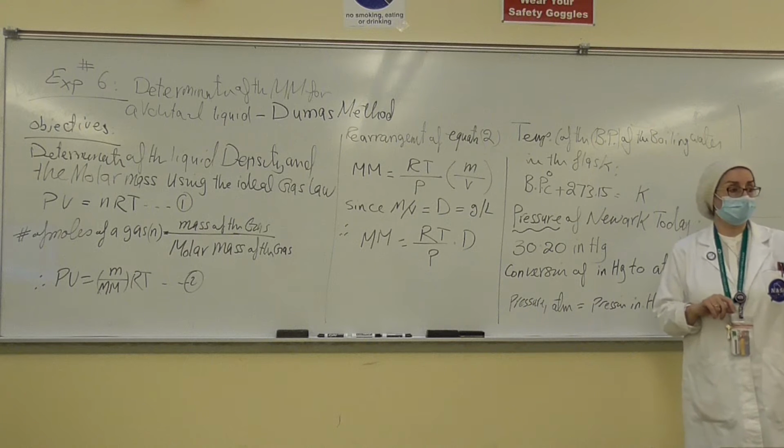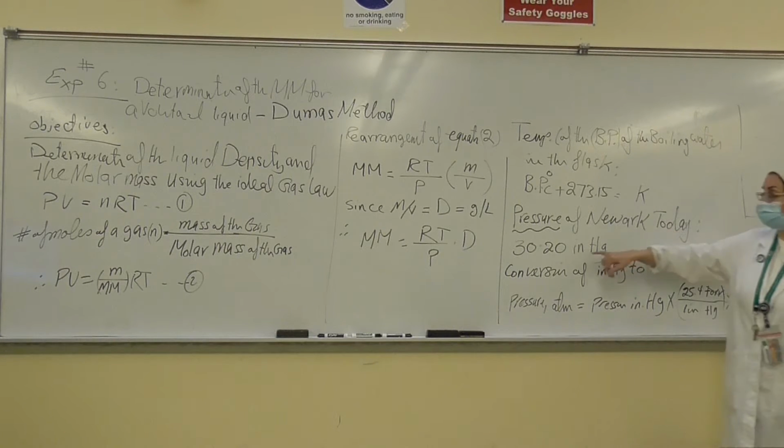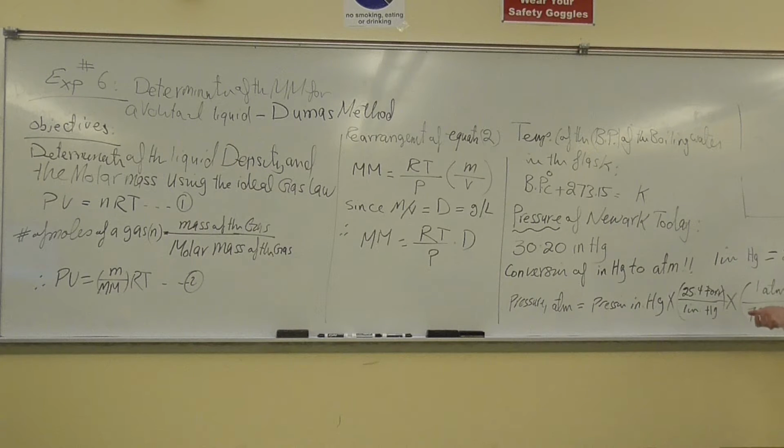It is also given to you, this formula here, in the introduction of the experiment. We need to convert, because R requires the pressure to be in ATM, atmospheric pressure. So we have to convert whatever is given to us in inches of mercury into ATM, and this is the formula. Everybody with me? So 30.20 inches of mercury, multiplied by 25.4, which is the conversion factor between the two.